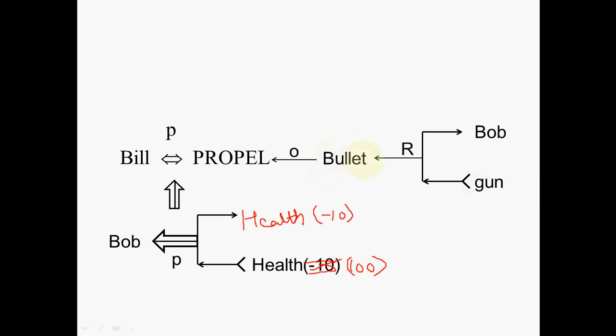The bullet from the gun went and Bob received it. Now what was the effect of this? Bob, whose health was initially 100%, now became -10. So he is seriously injured, about to die.